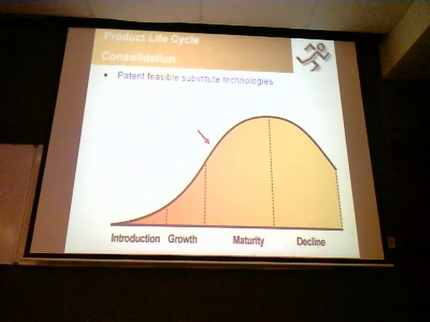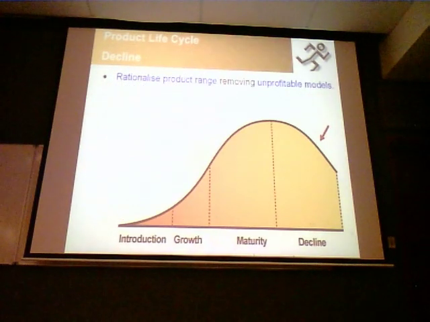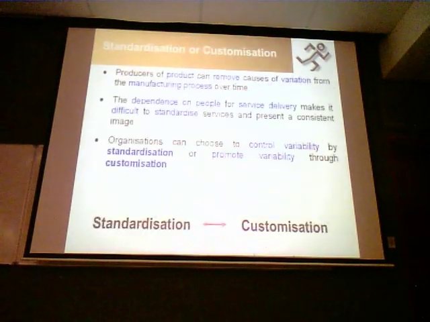So they start to protect their intellectual property at the consolidation phase. At maturity, companies then rationalise their product range, get rid of all the small niche markets, and rationalise it to one or two standard products. And then in decline, you rationalise the product range to get rid of all the unprofitable bits.